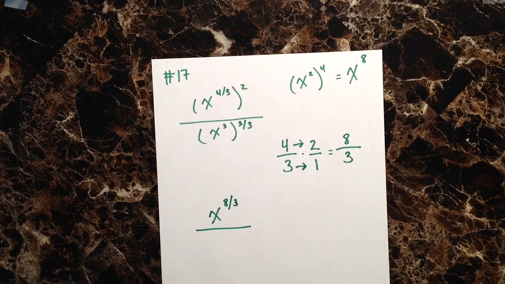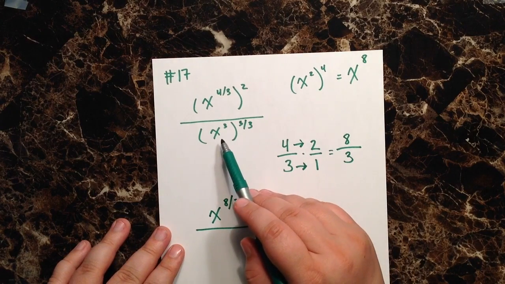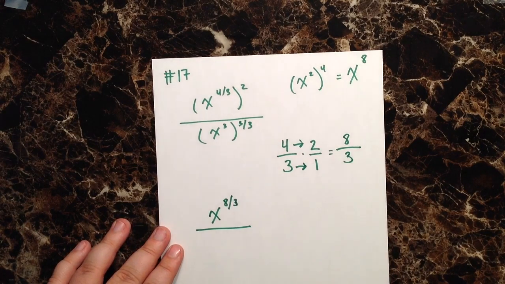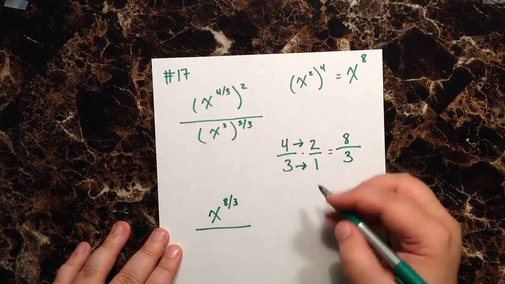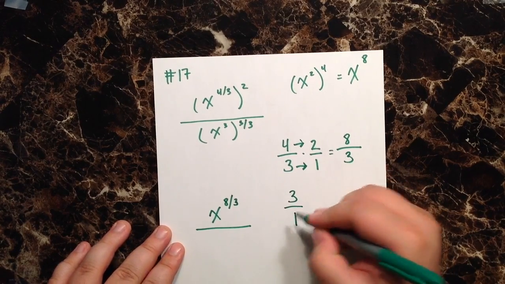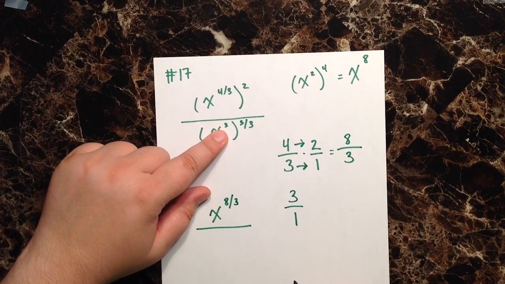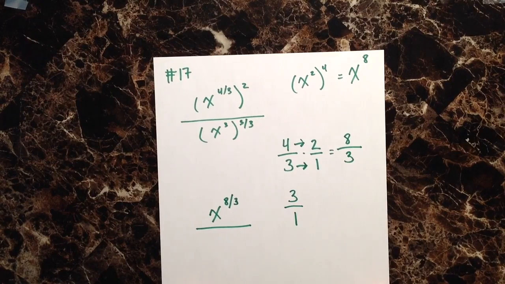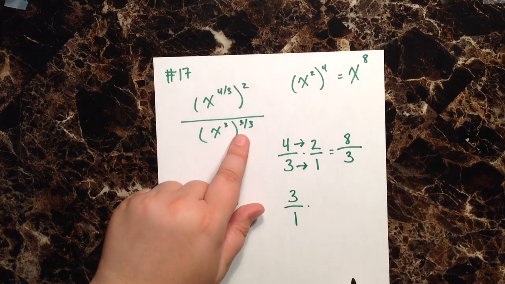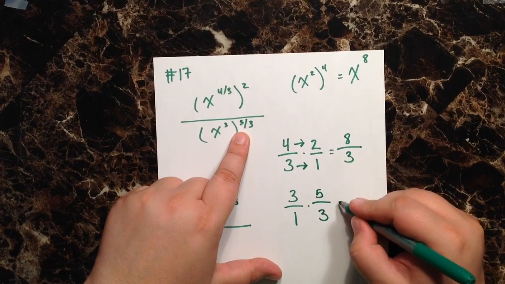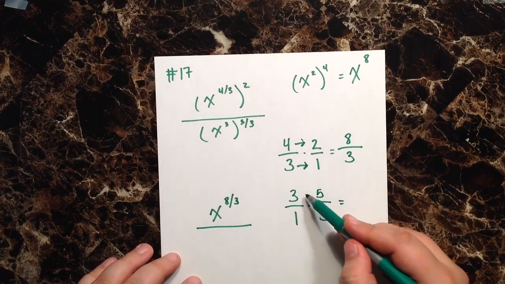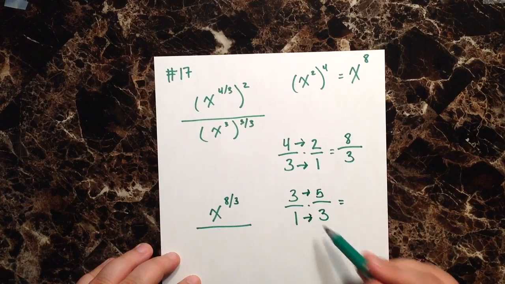Let's do the same thing with our denominator. I have x to the 3rd raised to the 5/3 power. This is going to be 3/1, because I can rewrite 3 as a fraction by putting it over 1, and then we multiply that by 5/3, going from left to right again.